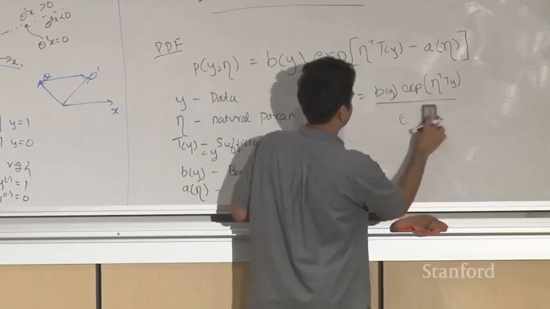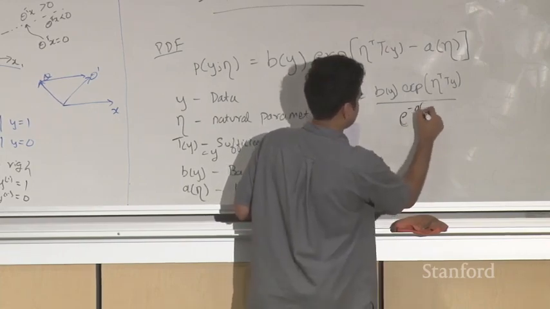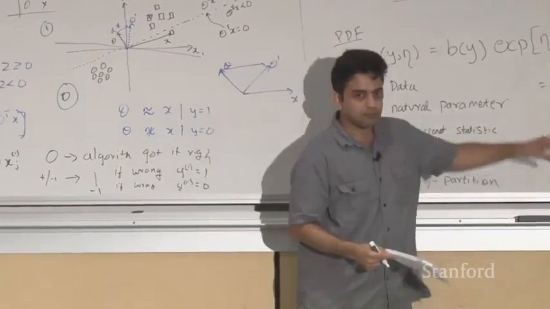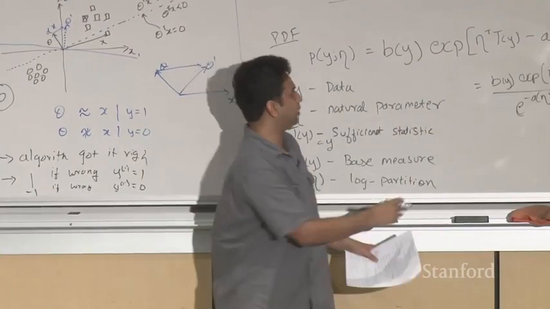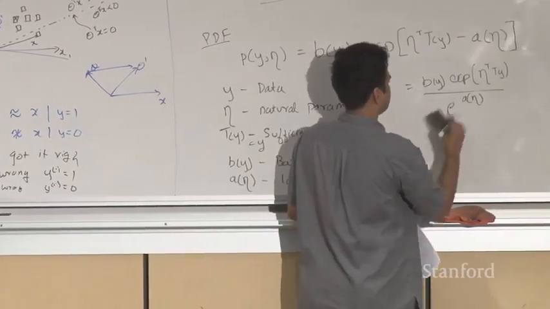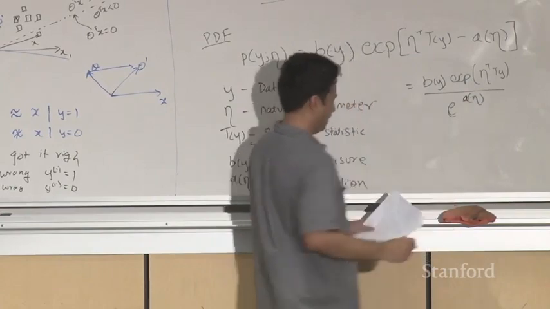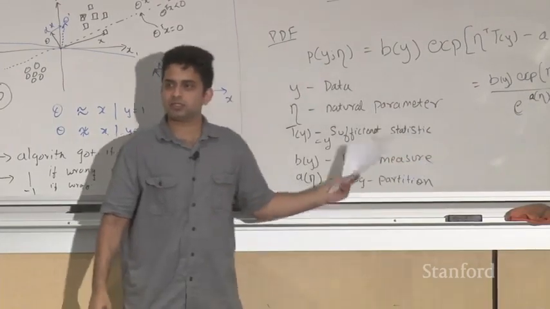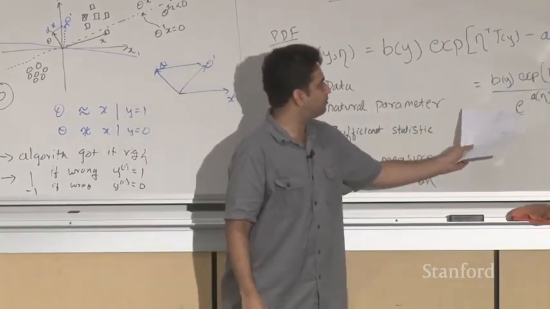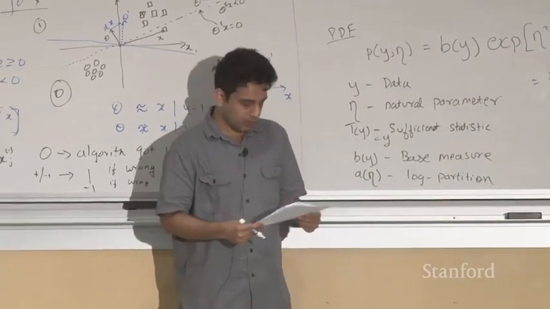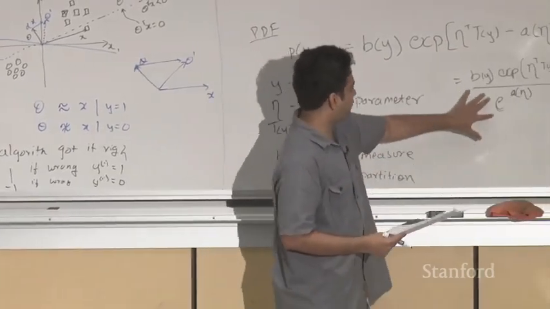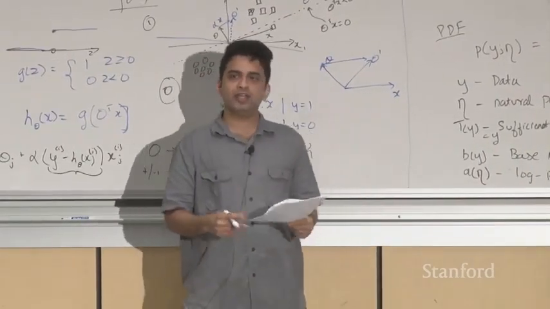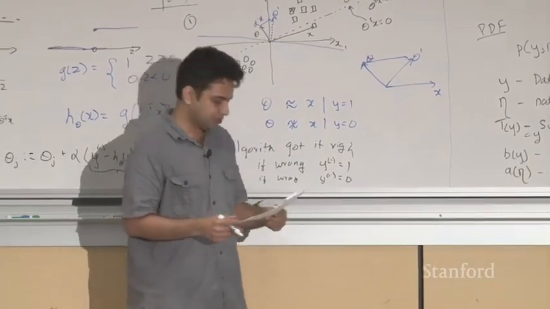You can think of this as a normalizing constant of the distribution, such that the whole thing integrates to 1, and therefore the log of this will be A of eta. That's why it's just called the log of the partition function. The partition function is a technical term to indicate the normalizing constant of probability distributions.